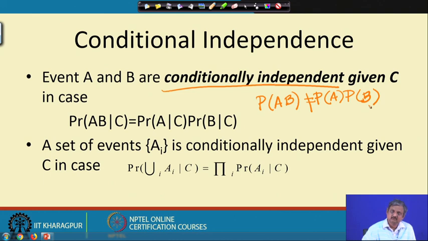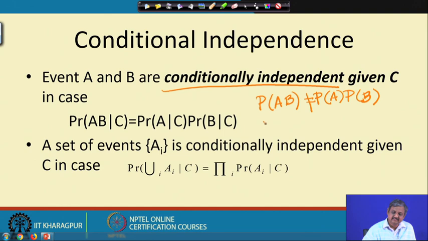So, in other words, I can write probability of A B given C is probability of A given C into probability of B given C.